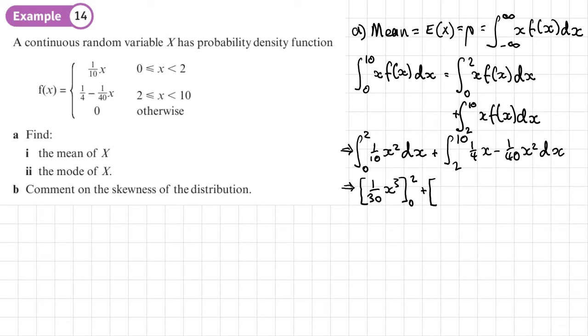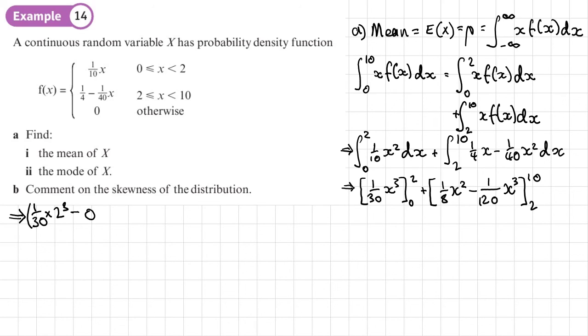plus, and we'll integrate the 1/4 x here. So that will become 1/4 x squared over 2, so that's going to be 1/8 x squared. And then minus 1 over 120, because we're dividing by 3, x cubed, and those limits are 2 and 10. So over here, this is where we'll carry on and work out what that is. That'll be 1 over 30 times 2 cubed minus, well, it's all going to be 0 when I substitute 0 in.